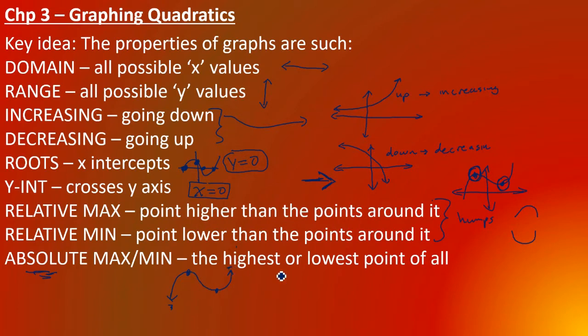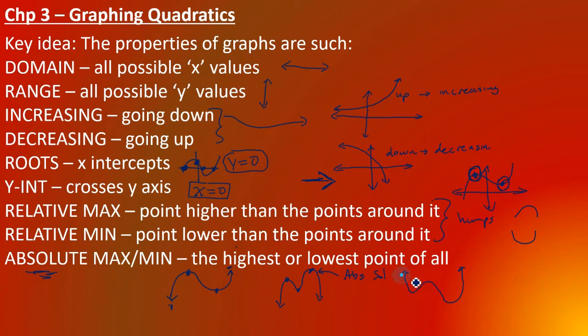So these are only relative. But if I had a graph, say, like this, I have a relative max here, a relative min here, and a relative max here. But this one is an absolute max because it's the absolute highest that the graph goes.